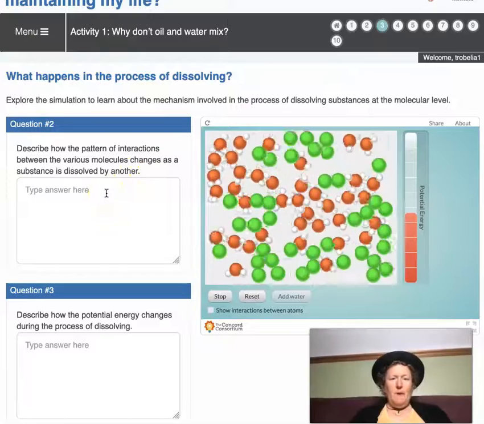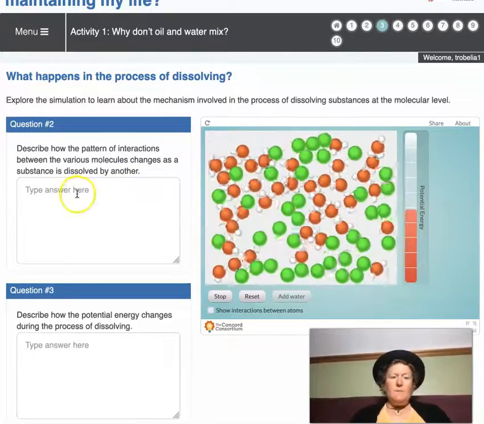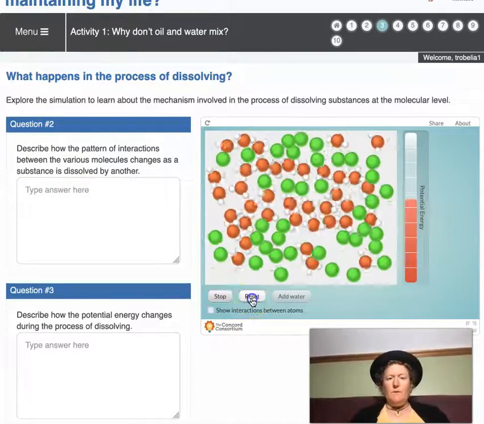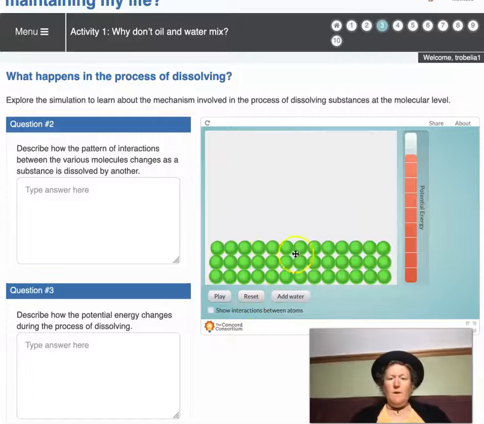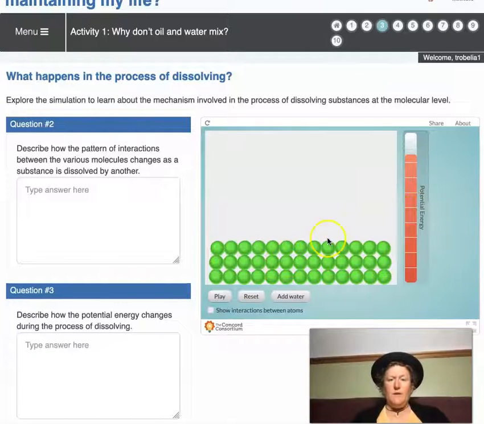So describe how the pattern of interactions between the various molecules changes as the substance is dissolved by water. So let's start this over so you can write your own answer here. Here's how the green sugar molecules are interacting in the beginning. They have a lot of potential energy.